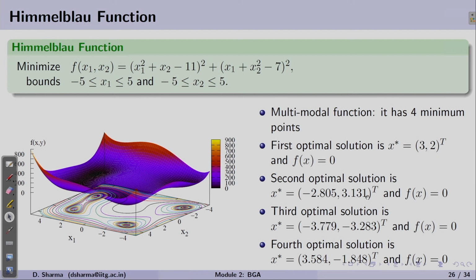One is at 3, 2, another is at -2.8, 3.1, then another solution is at -3.78, -3.28, and the last solution is at 3.58, -1.848. At all these 4 solutions, the function value is 0.